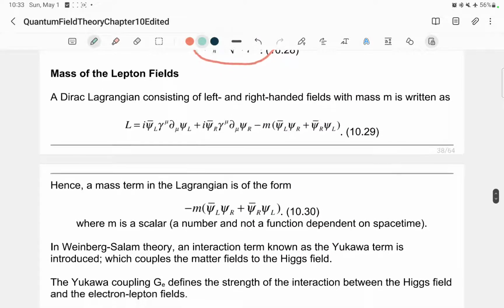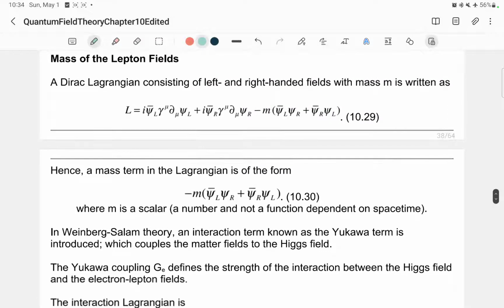So for the mass of the lepton, we will now investigate it. So a Dirac Lagrangian consisting of the left and right-handed fields with mass m is written as this one.